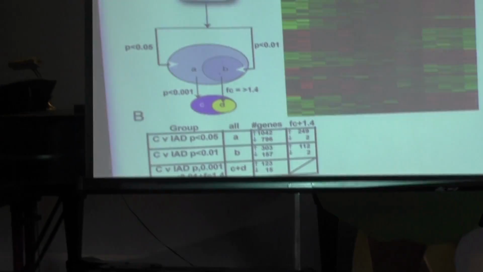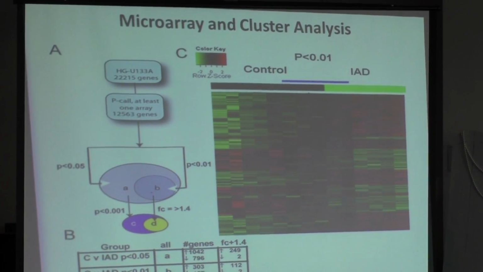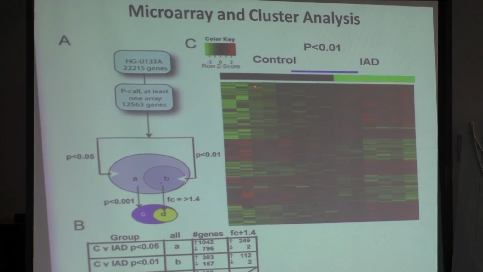Now, I'll just give you a little bit so you see how we're approaching this molecularly. Each one of these is from a patient, and this is based on the amount of dementia they have. There are tests that we can use to test global function, and this is the control.